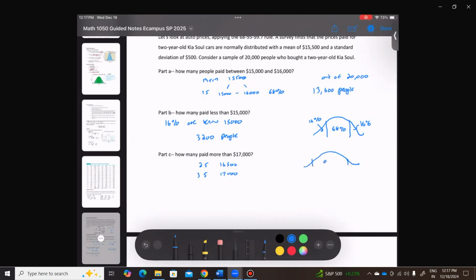That's 99.7, so this is going to be 0.15%, which of 20,000 is going to be 30 people who paid more than 17,000.